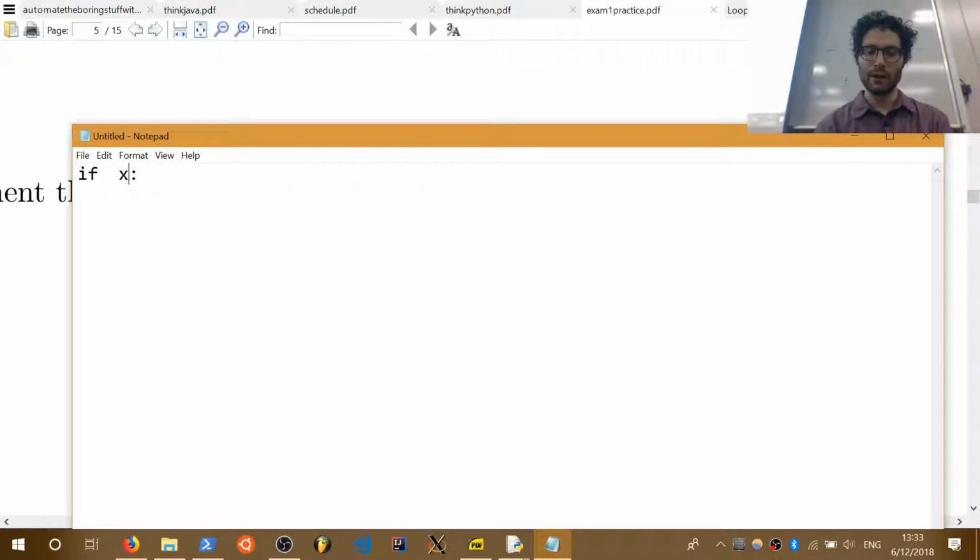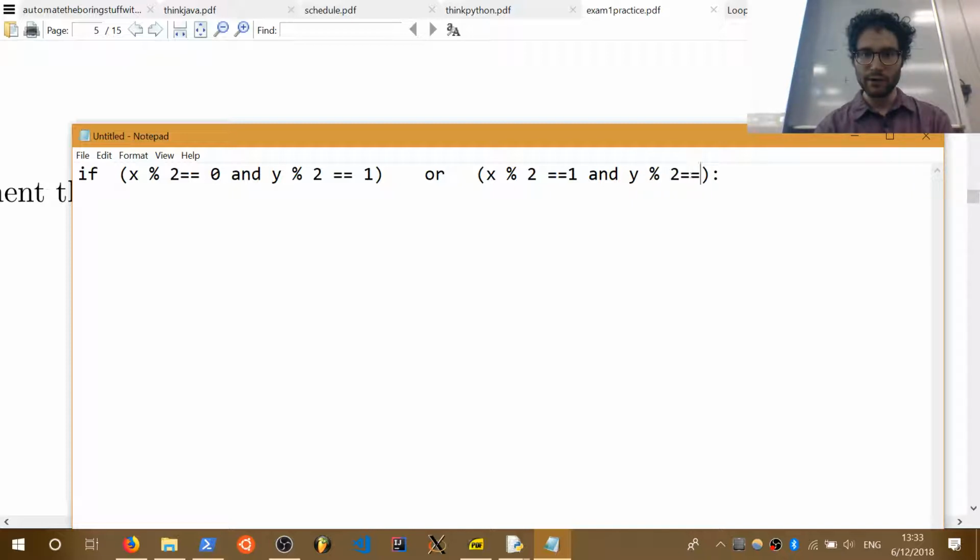So how do I check if x is even? x mod 2 equals 0, and y mod 2 equals 1, or, and we want to put these in parentheses so that we know what we're talking about, x mod 2 equals 1 and y mod 2 equals 0.